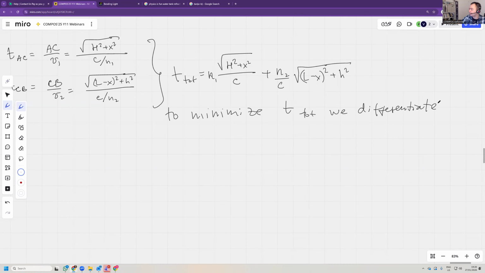So we're allowed to change x until we get a minimum. We differentiate dT total by dx, with respect to x. So we find the derivative.